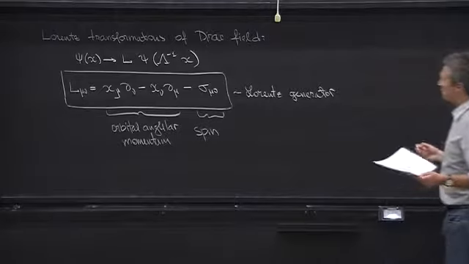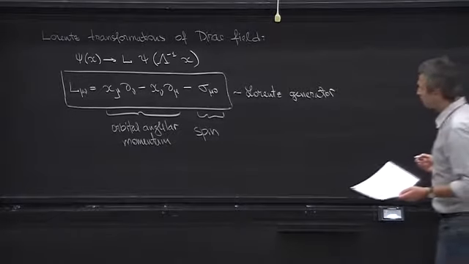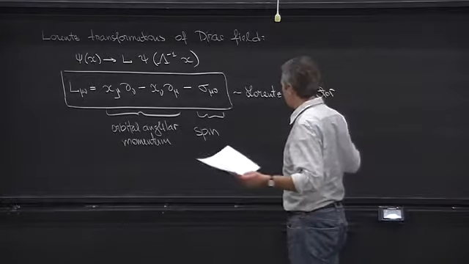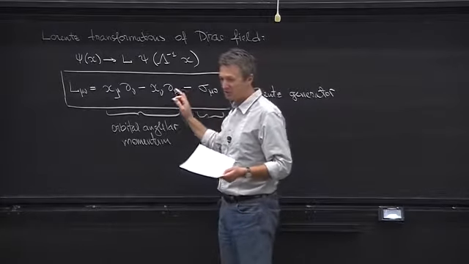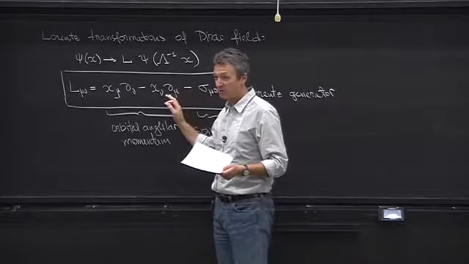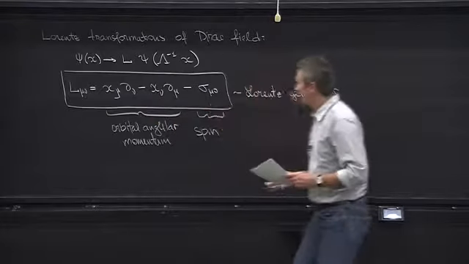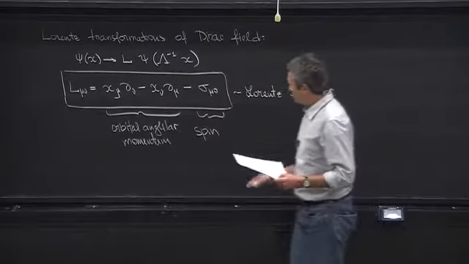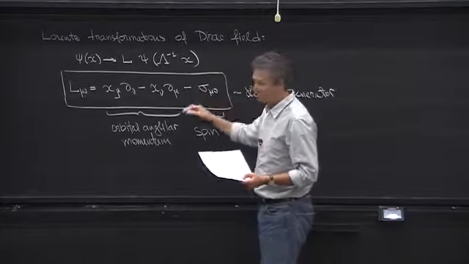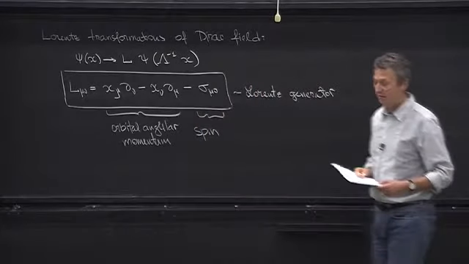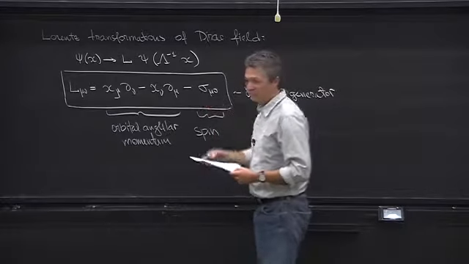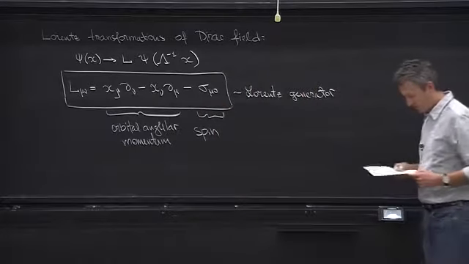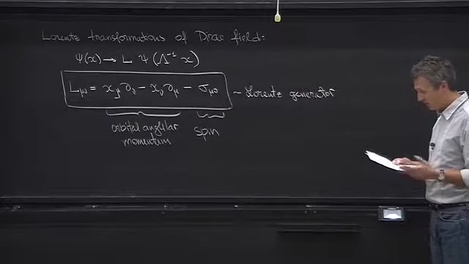As usual in quantum mechanics, the spin is the part of the angular momentum that's not orbital. So we just call the leftover here the spin operator, and let's look at what this spin operator looks like.